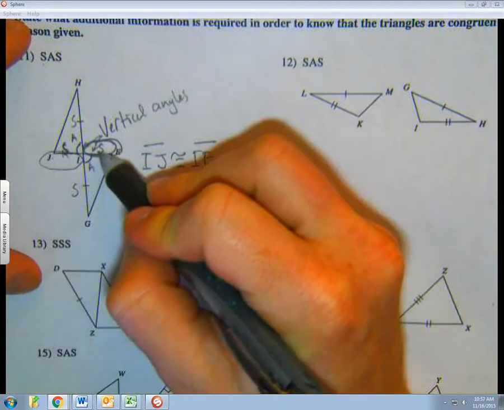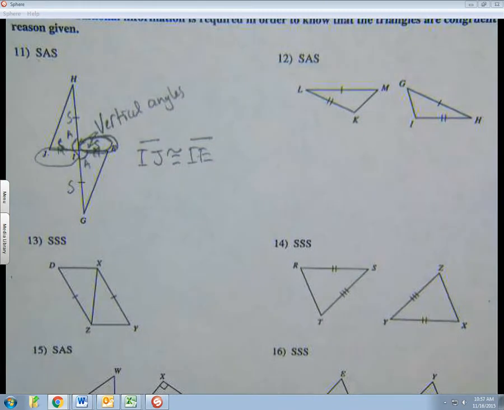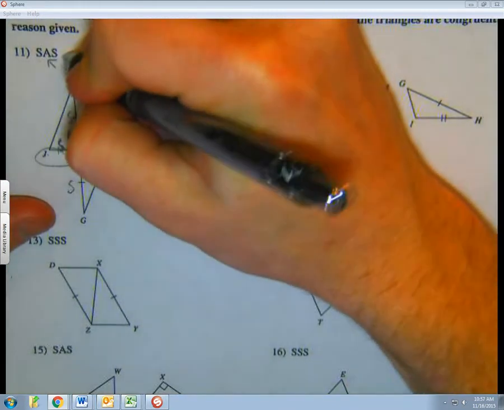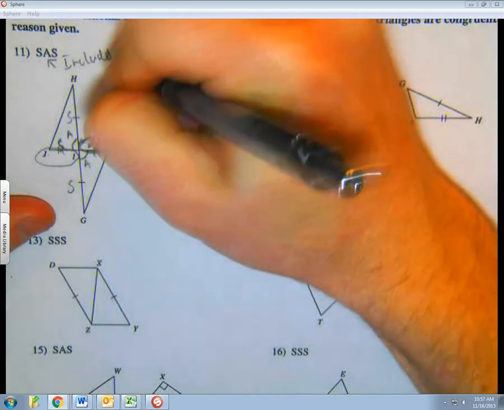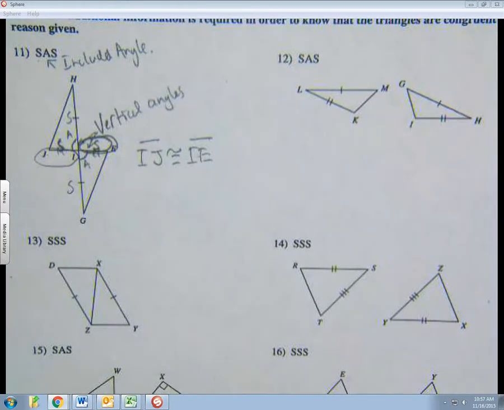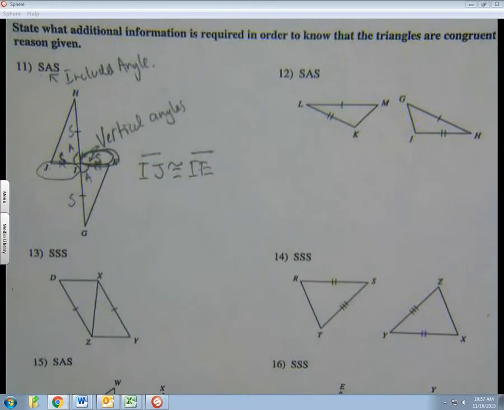And remember, for it to be side angle side, this has to be an included angle. I get going too fast, as always, so just raise your hand and we'll have whoever's driving the car pause it for a minute. So that is the side angle side problem.